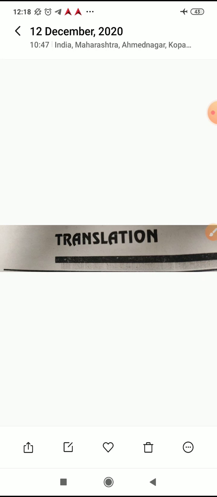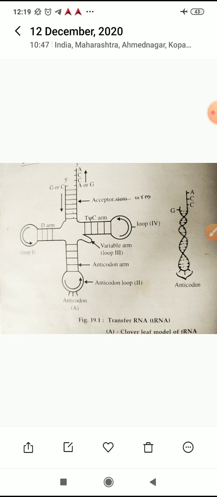Now we will see different types of RNAs, and out of that, first transfer RNA. What is the role of transfer RNA and what is its structure? We'll look at those things.